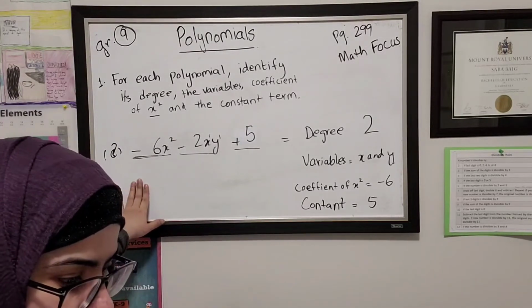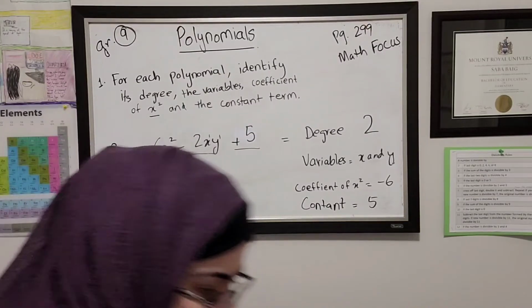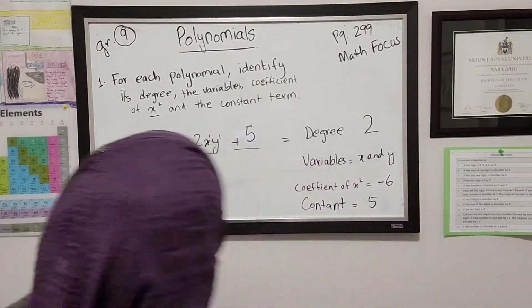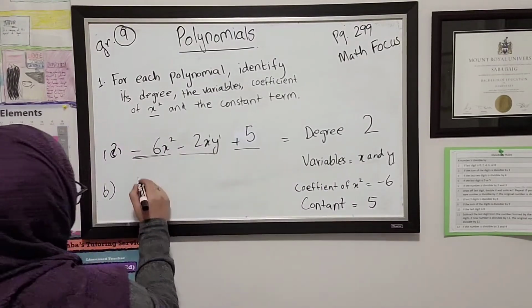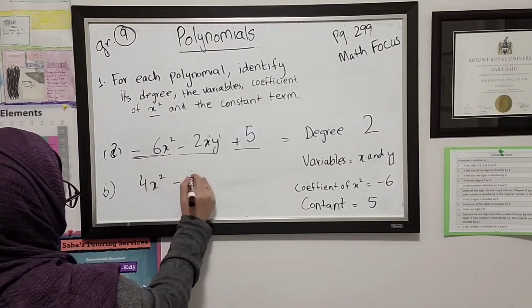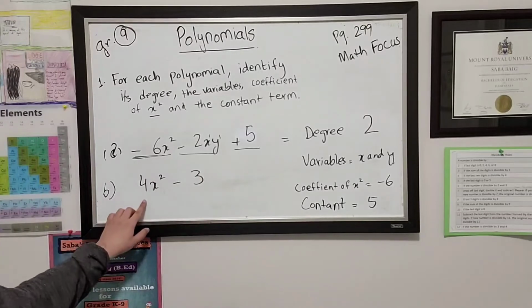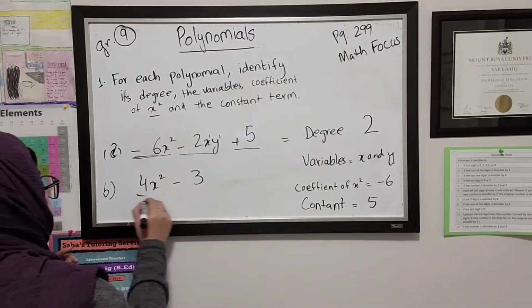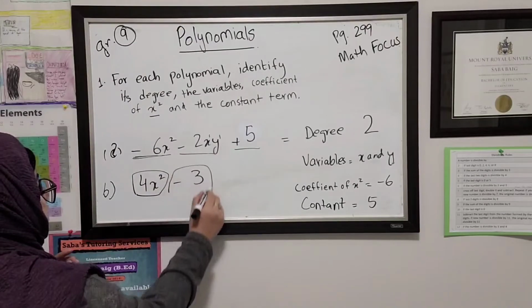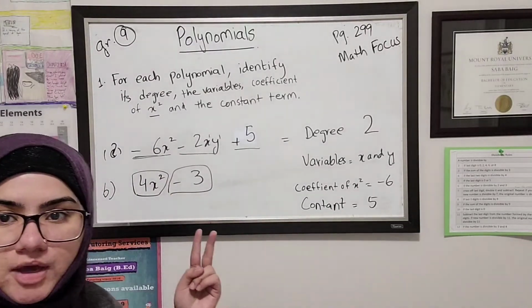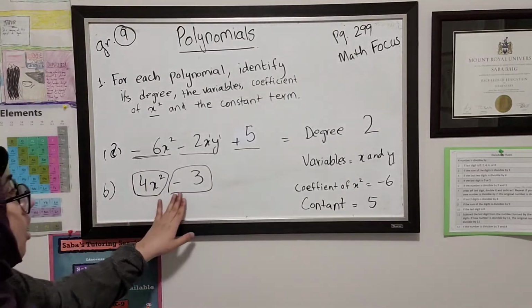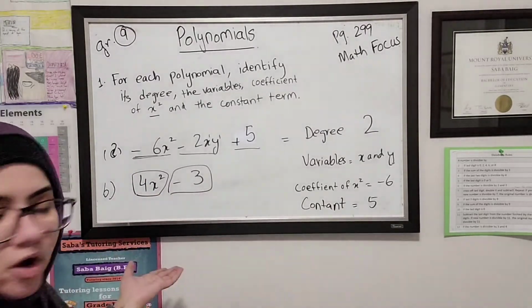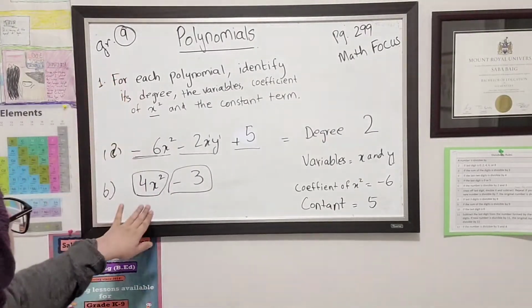Question 2 on page 299 is 4x squared minus 3. In this question we only have 2 terms. One term is this and the other term is this. Because it has only 2 terms, we name it a binomial, but let's consider it as a polynomial for now.